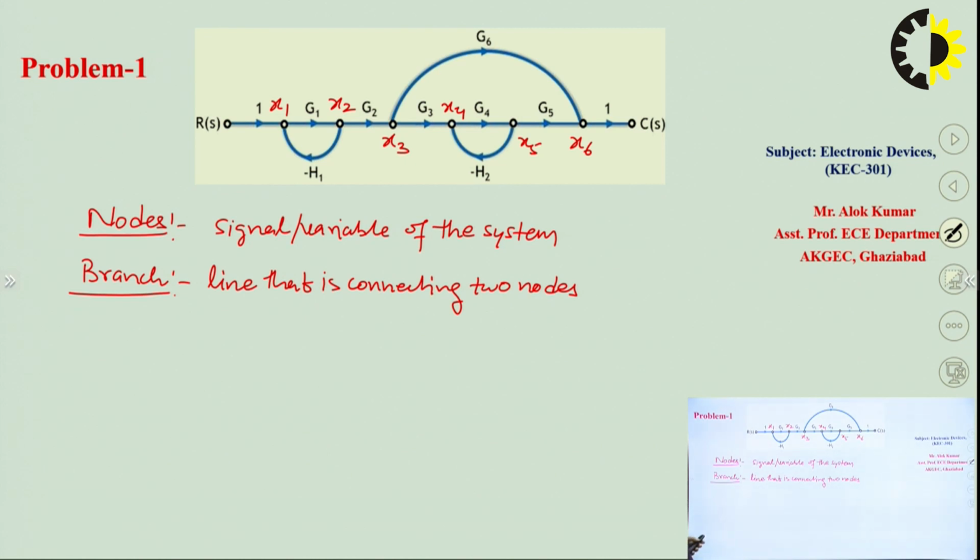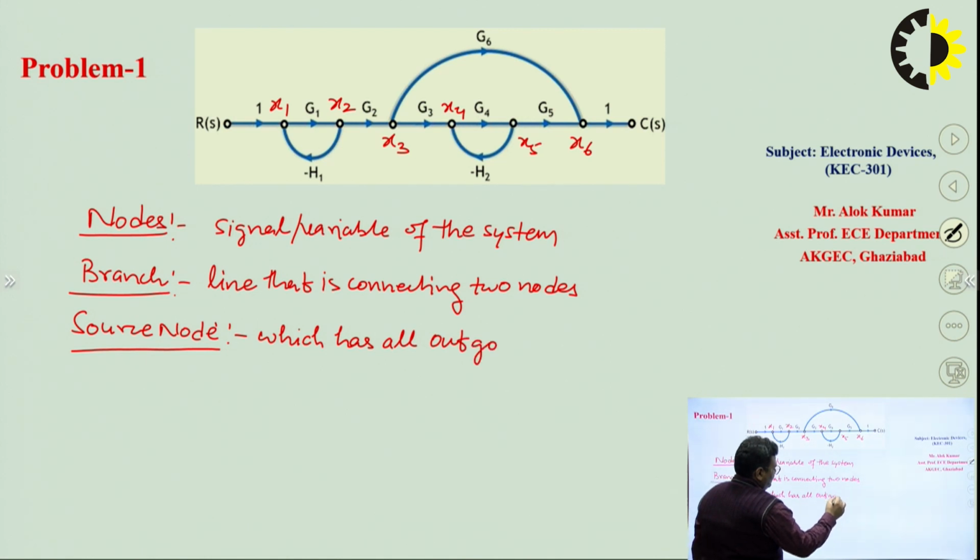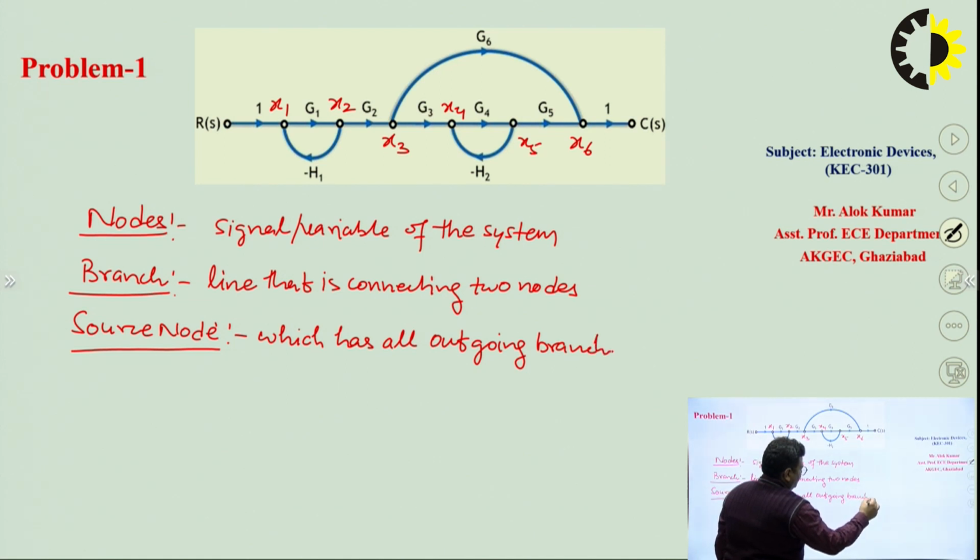Now we can define a source node. A source node is that node which has all outgoing branches only.